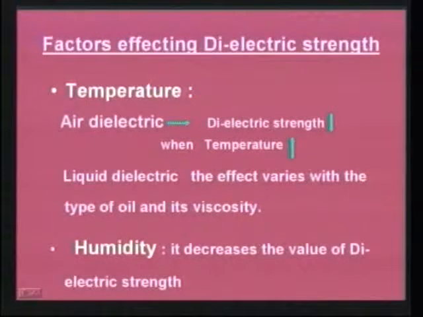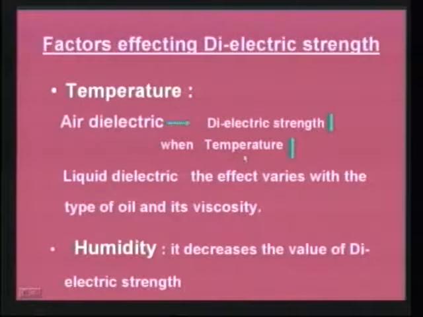Right? Now we will see the factors affecting dielectric strength. The factors affecting dielectric strength are temperature and humidity. First, when the air is used as a dielectric, the dielectric strength decreases when the temperature is increased.